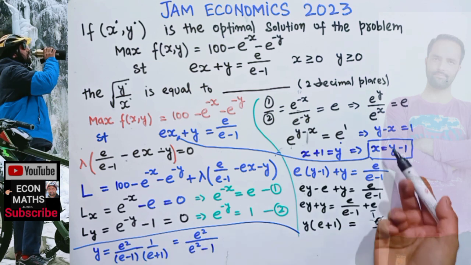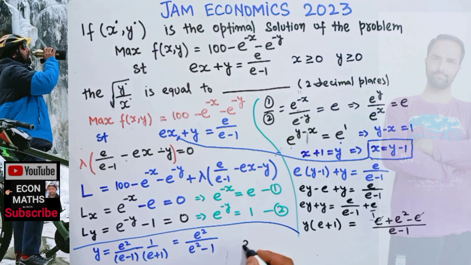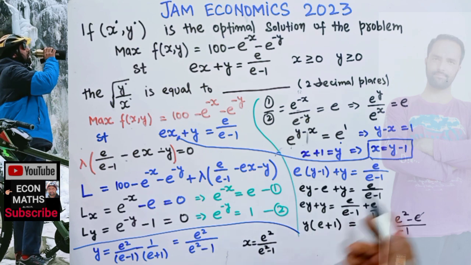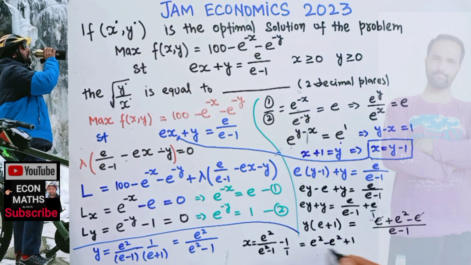Now what will be the value of x, since we know x is equal to y minus 1. So this is our y, that is e square divided by e square minus 1. To this we subtract 1, which gives us x will be equal to e square minus e square, minus into minus is plus 1, divided by e square minus 1.